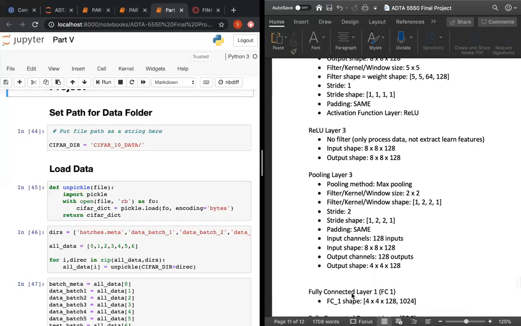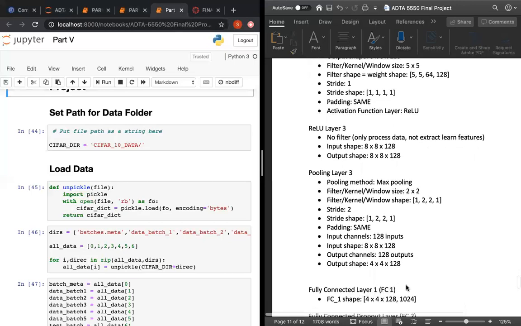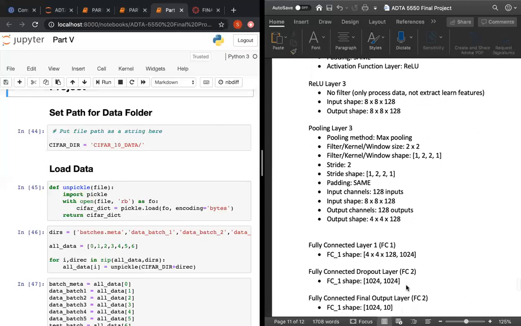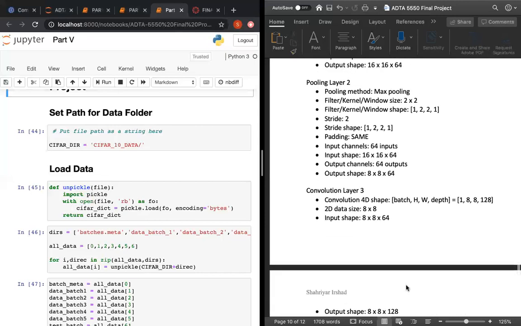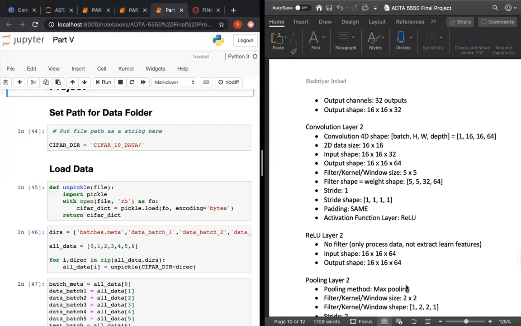And then that was fed into the fully connected layer. Now the fully connected layer input will be 4 by 4 by 128. And the rest of the information is pretty much the same as part 3.